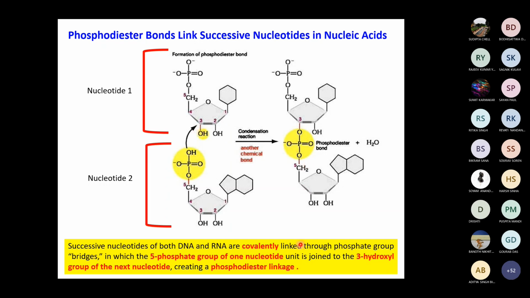This way, many nucleotides join together to form a bigger molecule known as a nucleic acid. You can draw a phosphodiester bond; I don't think it will be difficult. Peptide bond, phosphodiester bond, it is all the same, just water removal. It's not that difficult.